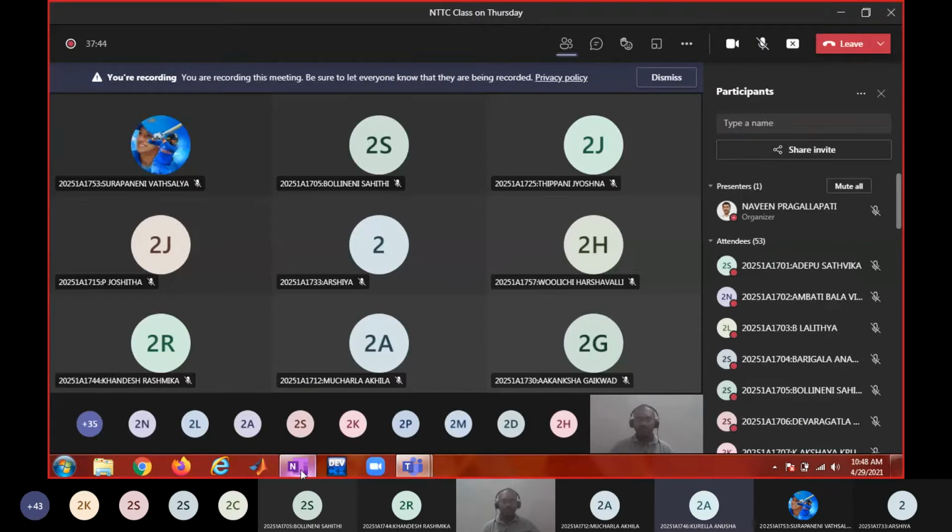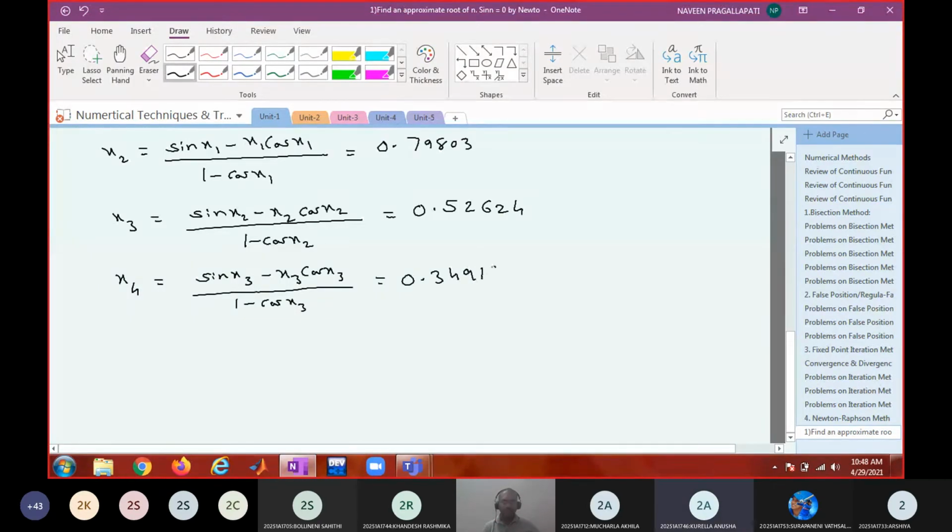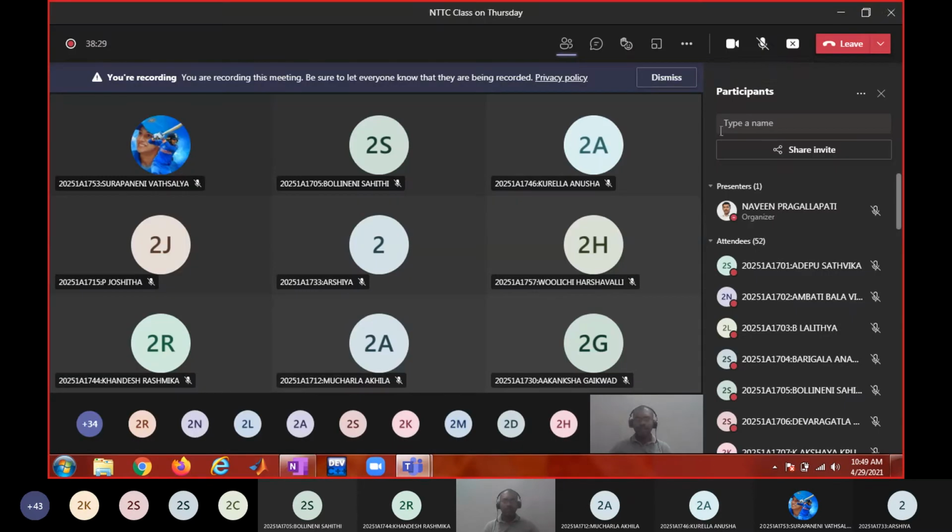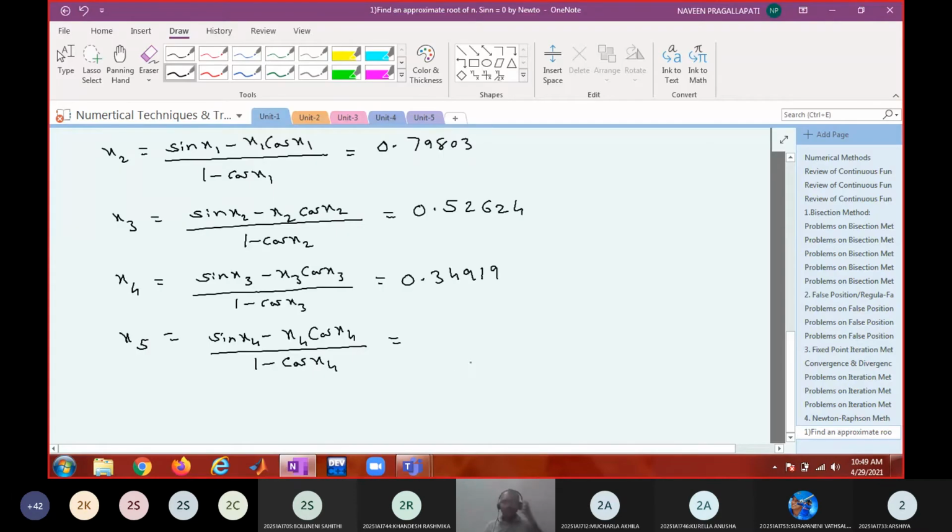0.34919, sir. x5. Let us do up to 2 decimal places of accuracy so that we can compare with the iteration method problem.